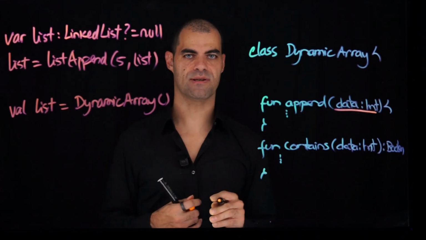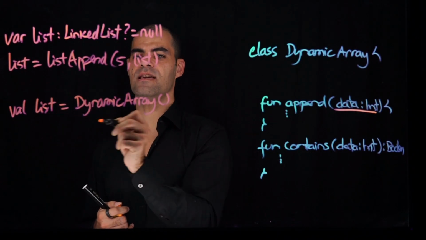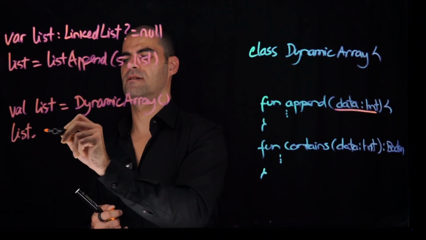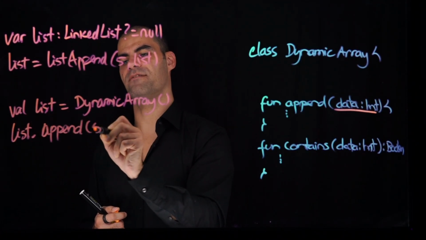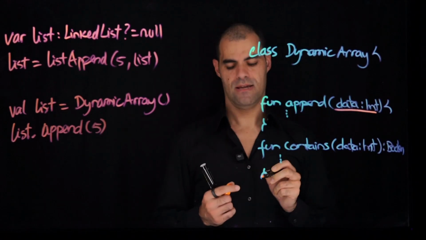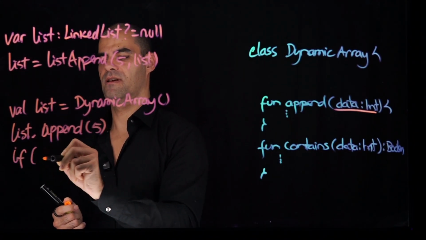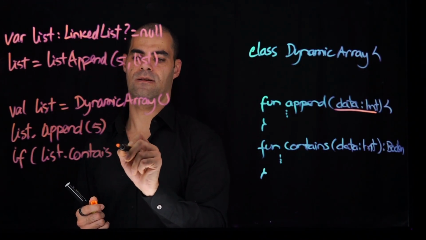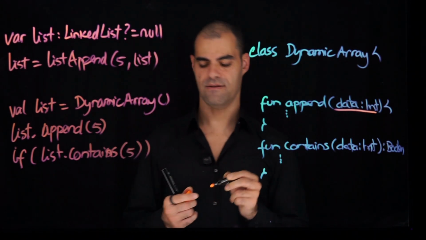So creating objects is something that you have seen many times. And now, instead of doing list equals, we do list dot append 5. And we can do, for example, if list dot contains 5, these kinds of things.